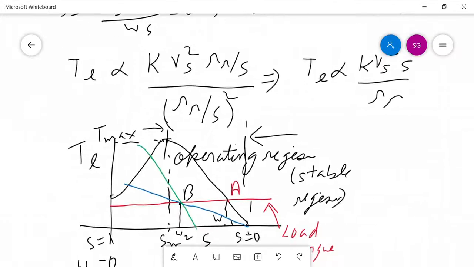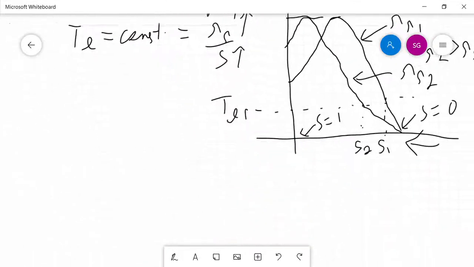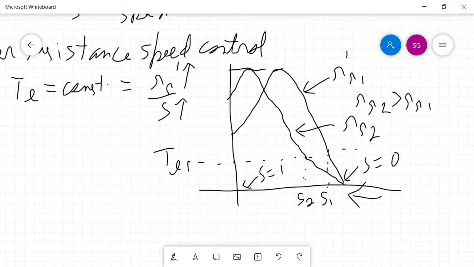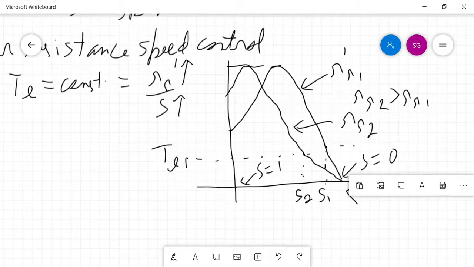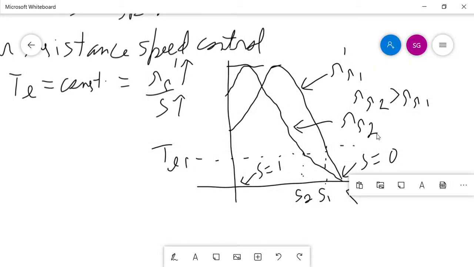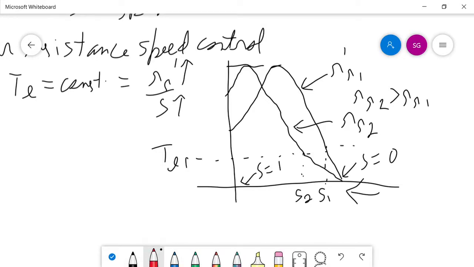Now let us go to our torque speed characteristic. Let us say that this TE1 was TL. So this is our load torque. Now I am replacing this. So this is our load torque.